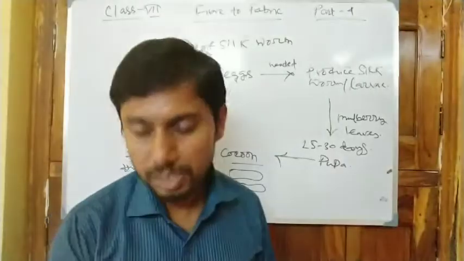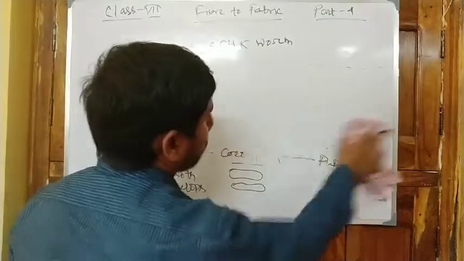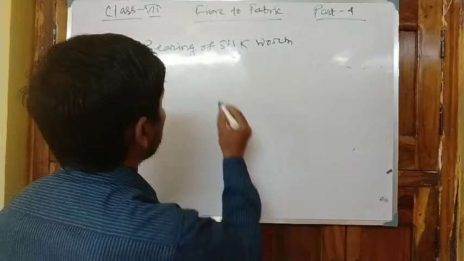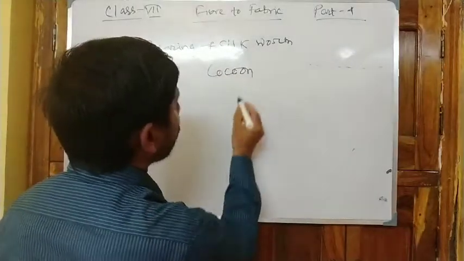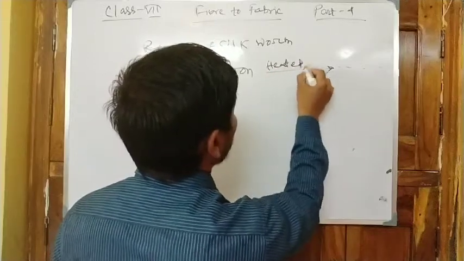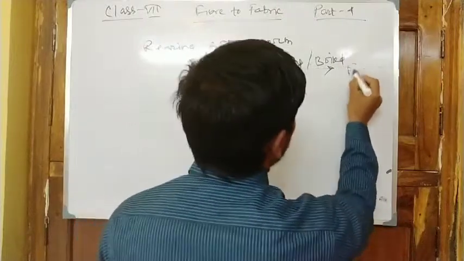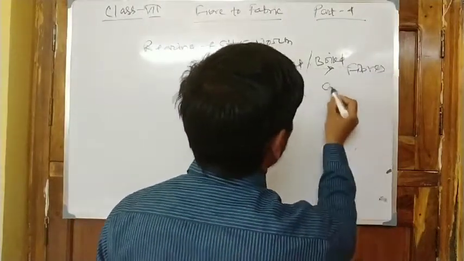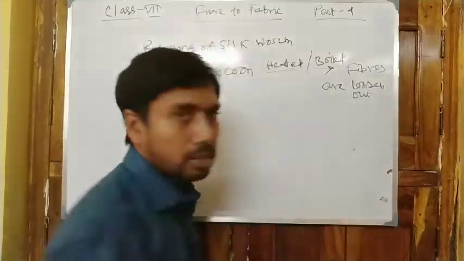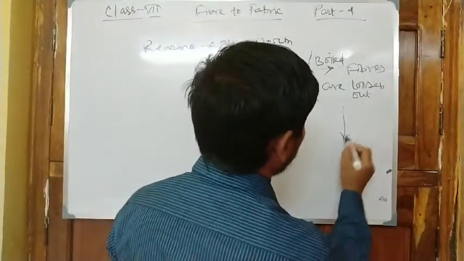We can represent the processing of silk by a cycle. First of all we take the cocoon, then the cocoon is heated or boiled, then the fibers are loosened out, and then it is reeling.